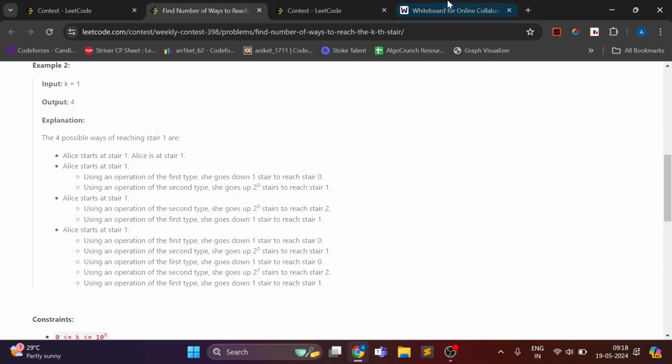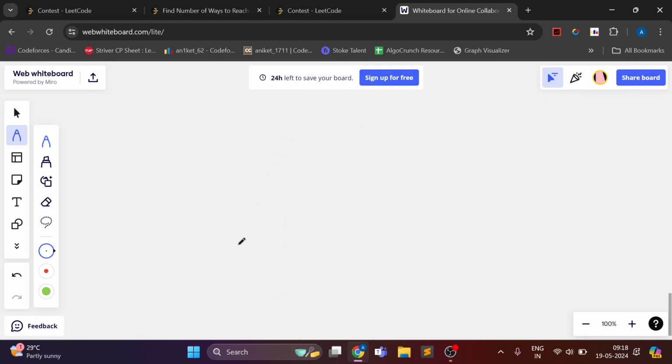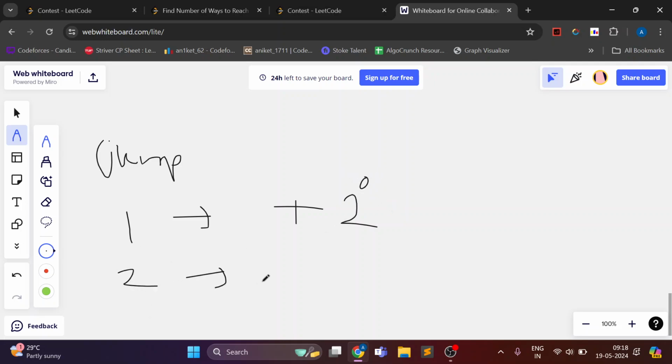Let's try to find observations here. First of all, the jump variable. If I do only one jump, the addition of stairs would be 2 raised to power 0, because there is only one jump, which is 2 raised to power 0. If I do 2 jumps, the addition would be 2 raised to power 0 plus 2 raised to power 1.